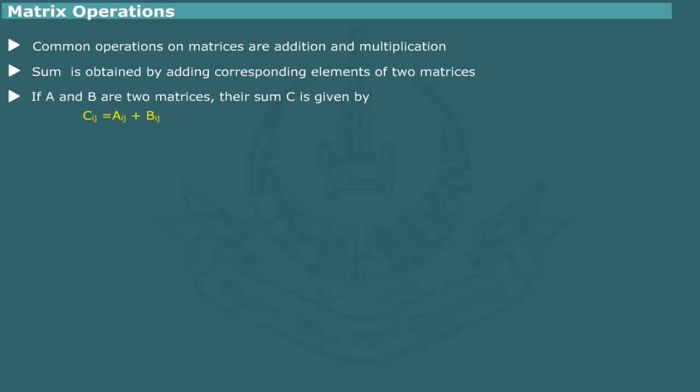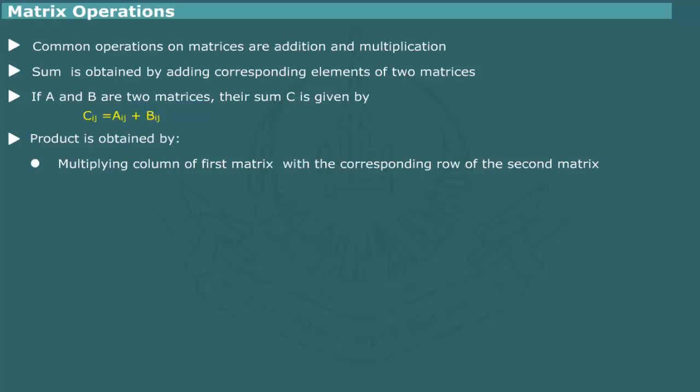Matrix multiplication is somewhat more involved. The product of a pair of matrices is obtained by multiplying all elements in the corresponding row of the first matrix with all elements in the corresponding column of the second matrix and adding together the products of elements.